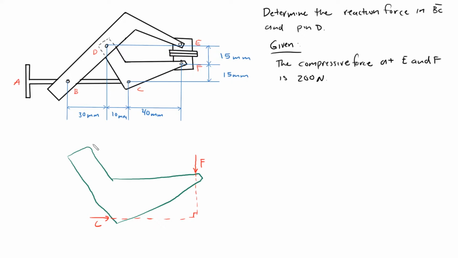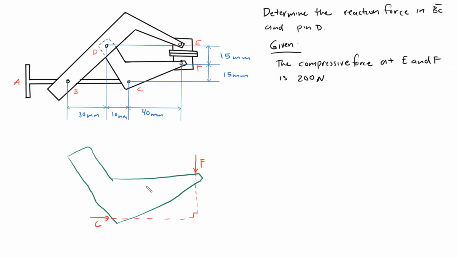And since the only other force acting on this arm is pin D, there are only three forces acting on this arm, meaning it's a three-force member. One of the things that you can do with three-force members is that all the forces must be concurrent or parallel. Since these forces are not parallel, they must be concurrent.